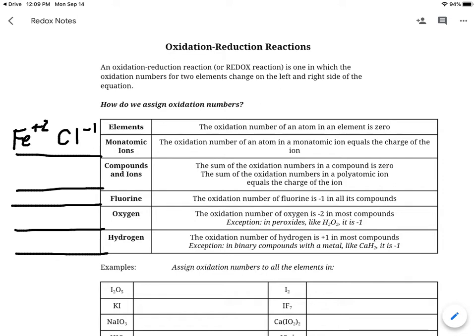As an example, if we were talking about the compound iron(II) chloride, the oxidation number of iron would be +2, and the oxidation number of chlorine would be -1, and you can see here that there are 2 of them. And so 2 chlorides with a -1 oxidation number will balance out the +2 on iron so that the whole thing sums to 0.